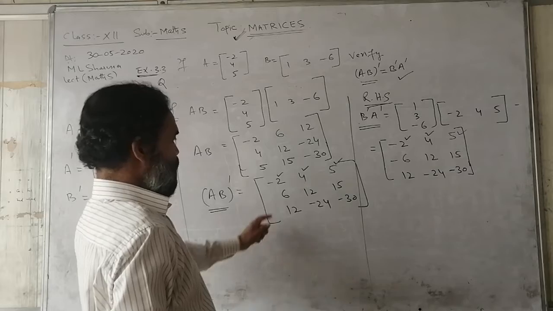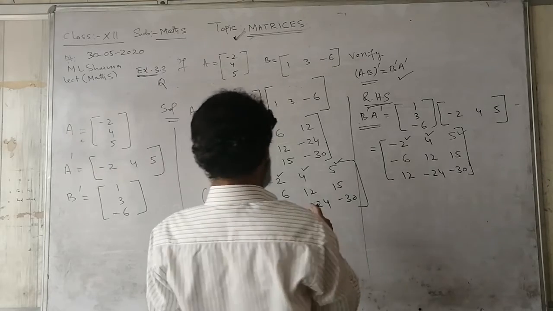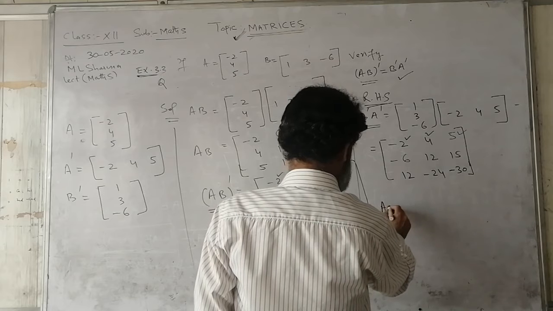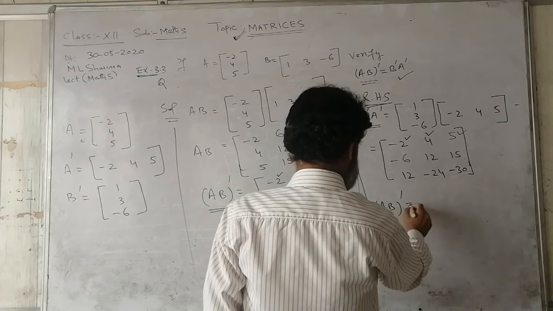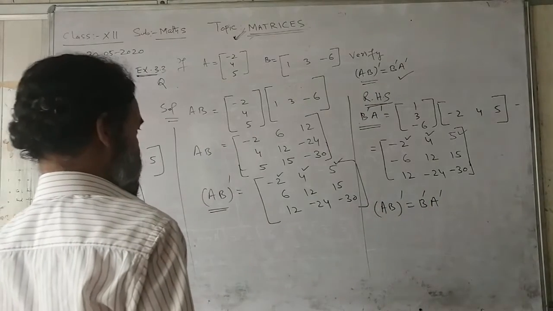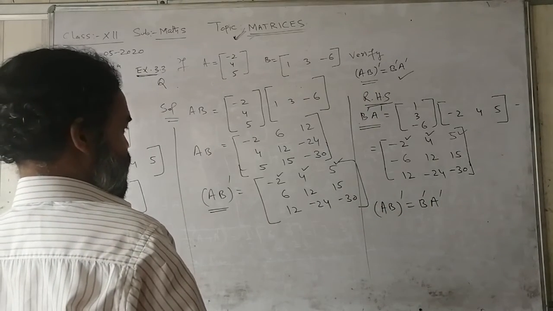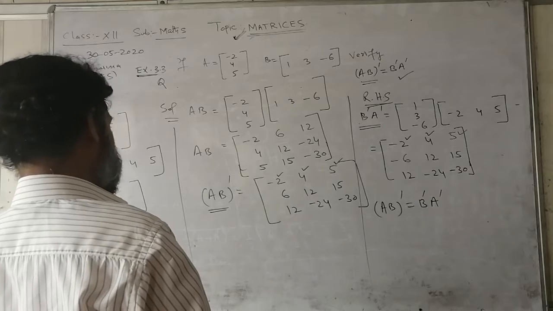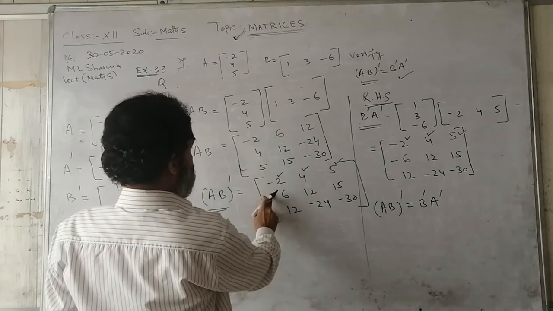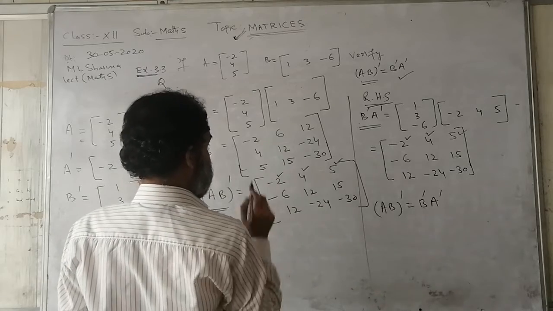Similarly the rest of the elements are the same. So I can say (AB) transpose is equal to B transpose A transpose. So in this way, this is to be calculated.